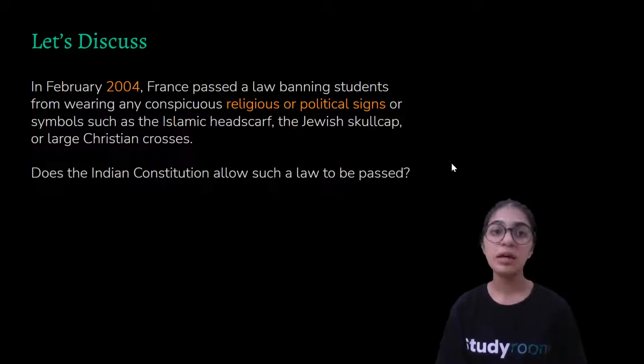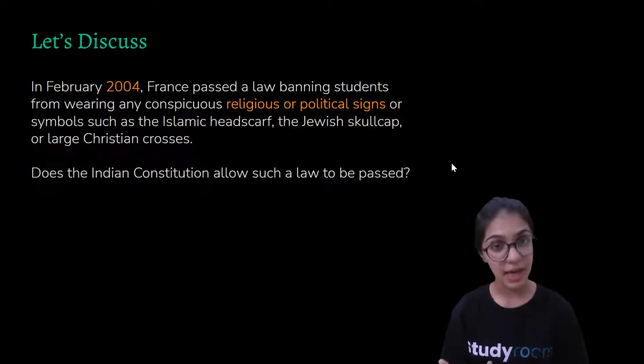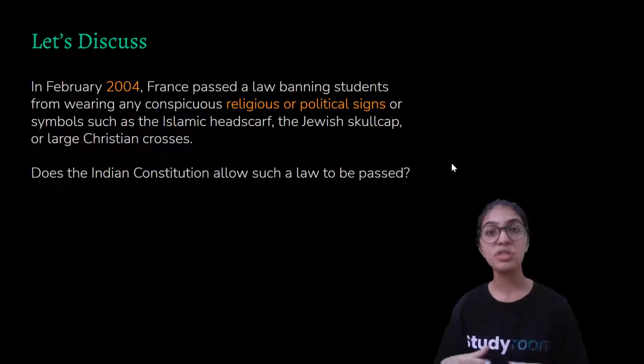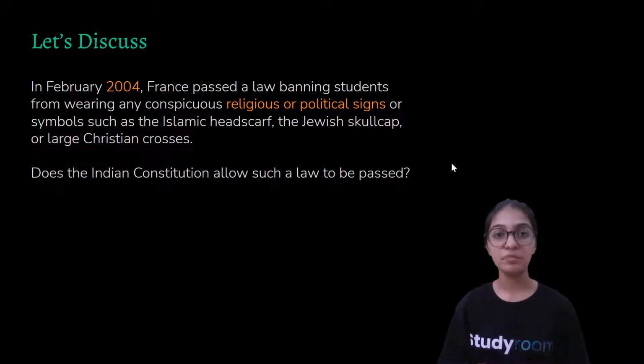In India, in a class where there are Muslims and Hindus, you can notice that sometimes the Hindu students wear moli on their hands or tika on their foreheads, and sometimes the Muslim girls wear the headscarf on their heads.